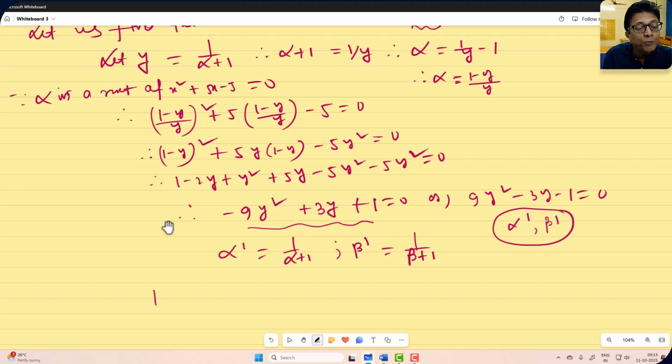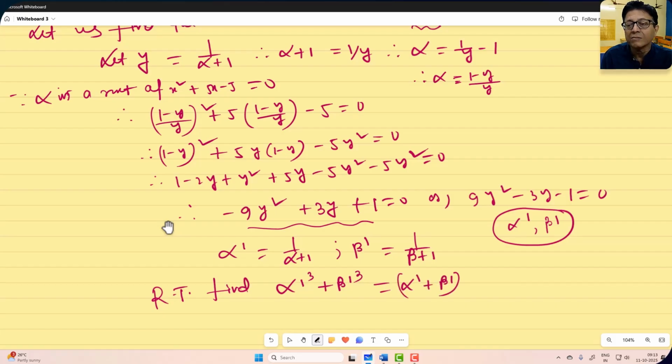So we are required to find what? Required to find alpha dash cube plus beta dash cube. Simple. This is alpha dash plus beta dash. Even you can transform the equation once more, that method I will definitely tell you.